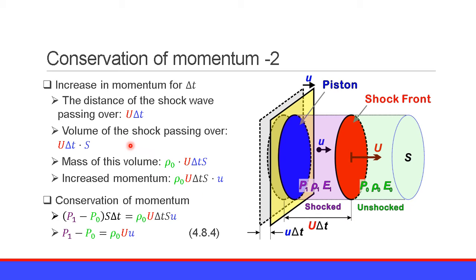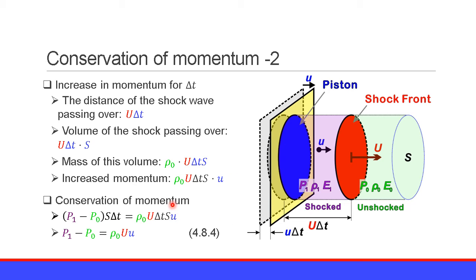And the volume of the shock passing over is this length times area S, so U delta t S. Then the mass of this volume is the density rho 0 times U delta t S. Then the increased momentum is rho 0 times U times delta t times S times the particle velocity u.